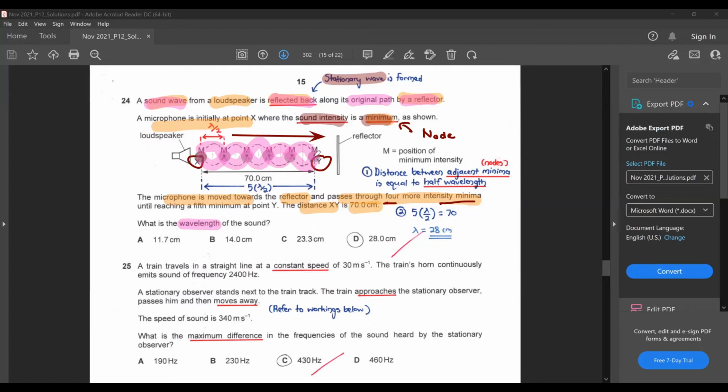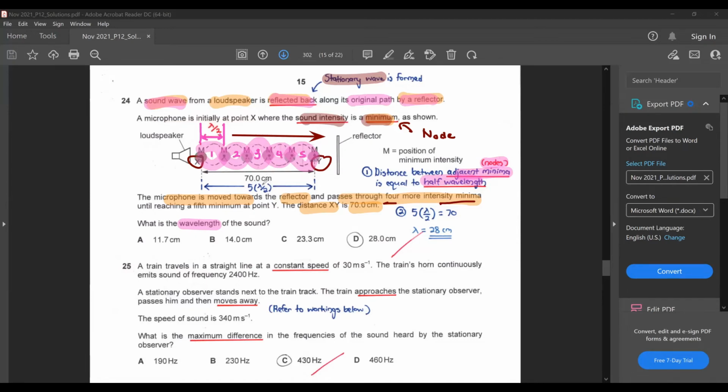Now I can count how many half wavelengths I have. We know that the distance between adjacent minima or adjacent nodes is half wavelength. So from here to here is half wavelength. You just count how many half wavelengths you have. This is 1, 2, 3, 4, 5.